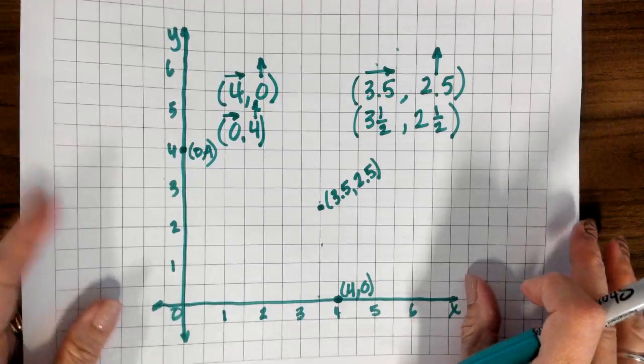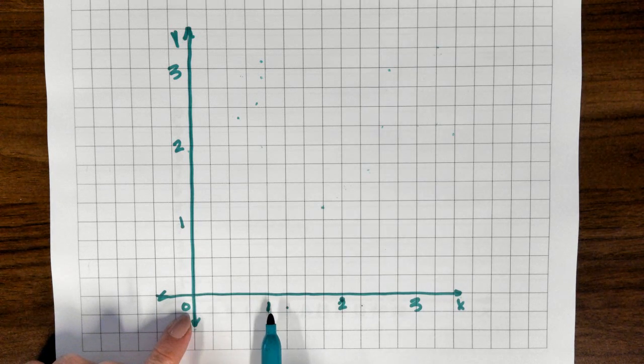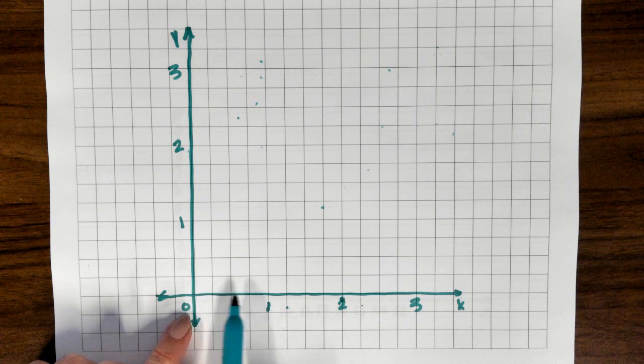Let's look at another one. So we've also seen graphs that look like this, and kids would need to know, what does each one of those lines represent? If this is 0 and this is 1, there's 1, 2, 3, 4 hops from 0 to 1.